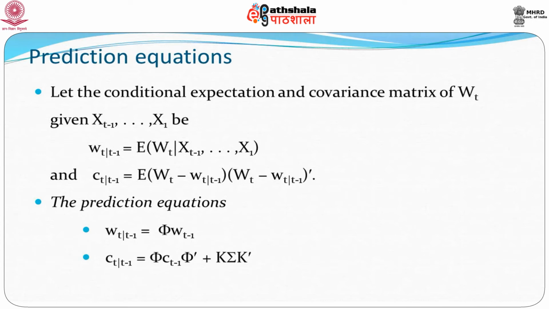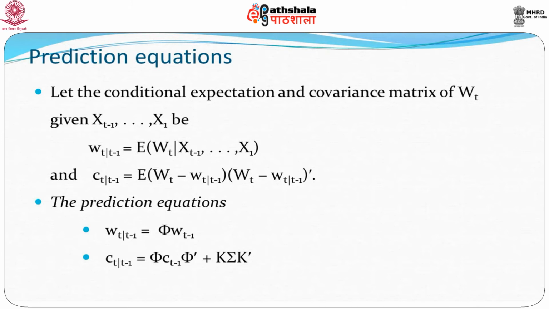Now, let us see how we can get W t given t minus 1. You see, W t given t minus 1 is given by the expectation of W t given x t minus 1 up to x 1, and since given x t minus 1 and so on means W t minus 1 is given, let us look at the observation equation. In the observation equation, we have x t equal to alpha prime W t plus epsilon t.